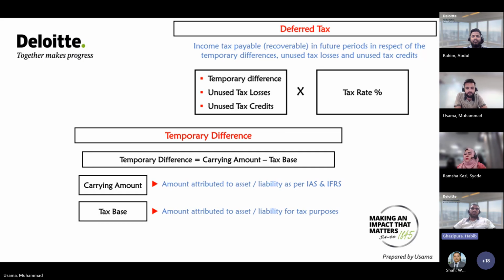Similarly, Ramsha, you asked about tax liabilities or any kind of penalties that you are paying; even those will not be allowed in the current tax calculation. If we paid any kind of penalties or fines to the authorities, they will not be considered in the current tax liability calculation or current tax expense calculation.